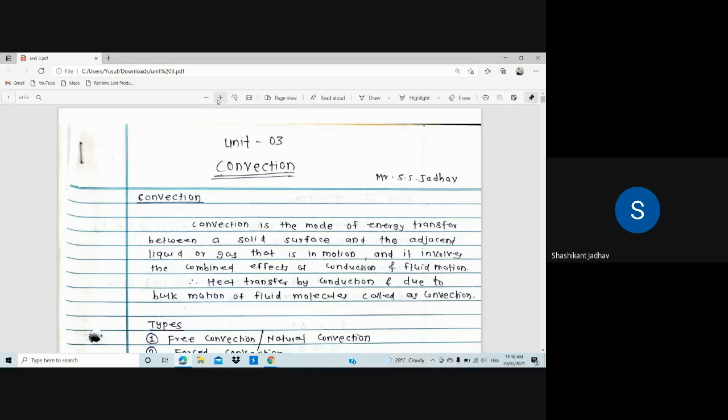Okay, so all of you write down the concept related to the convection. Write down first point, convection.